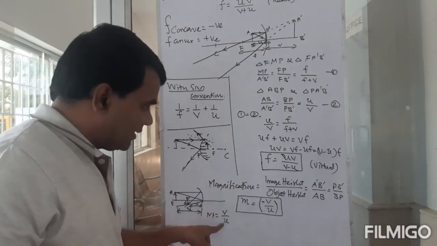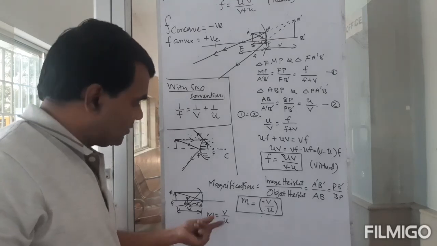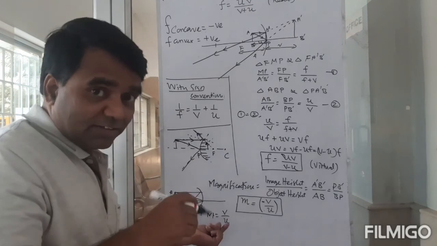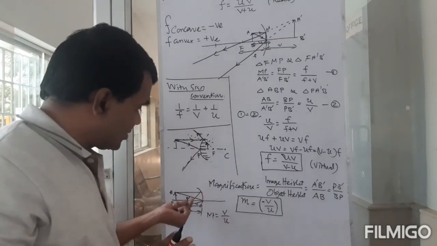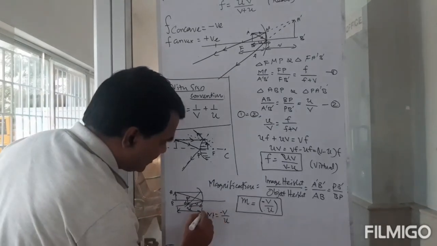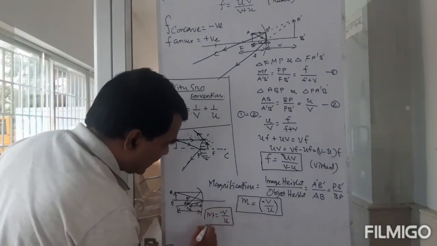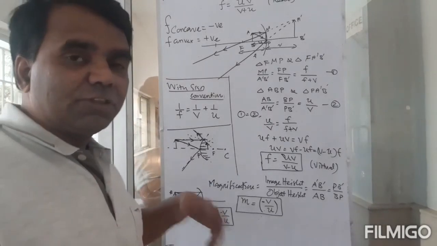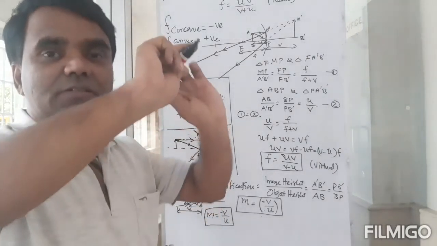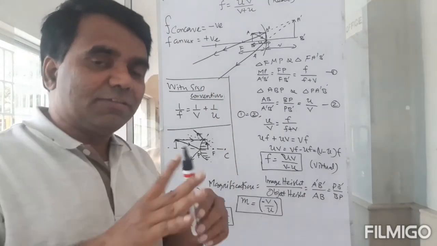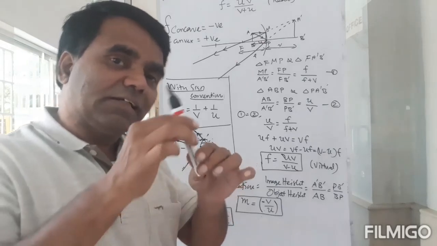So negative by negative will give you positive, which says the image is erect. It is not erect. You see, the image is inverted. So then I put a negative to get the right information. If I get a negative magnification, it means that the image is inverted. If you get a positive magnification, then it means that the image is erect.